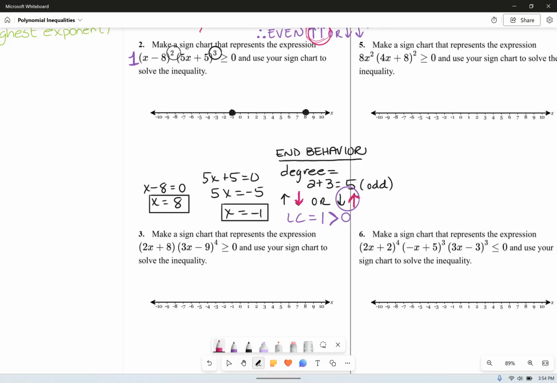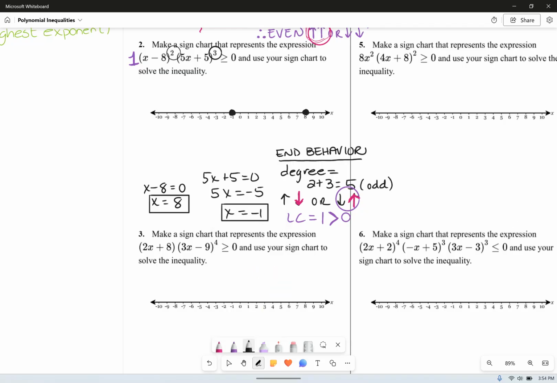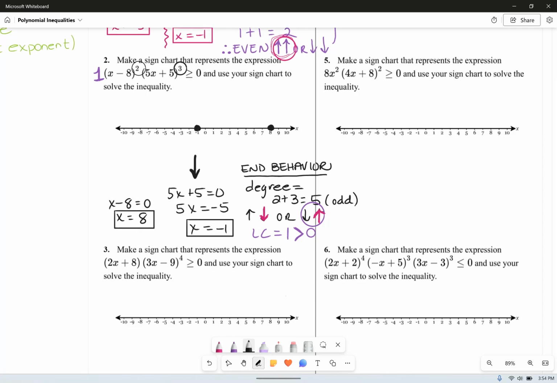Okay? So based on my circled answer here for ends, one goes down, one goes up. So let's go do that sketch. The ends says that one's going down on the left side. So my left dot is this one, so it has to go down. So I'm going to put a downward motion here. And on the right side, it's definitely going up.